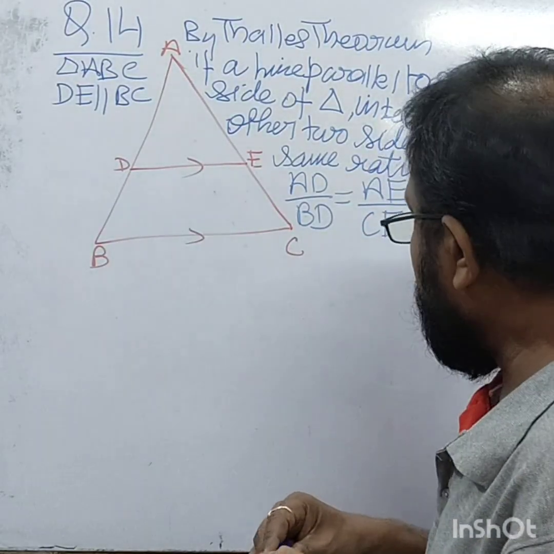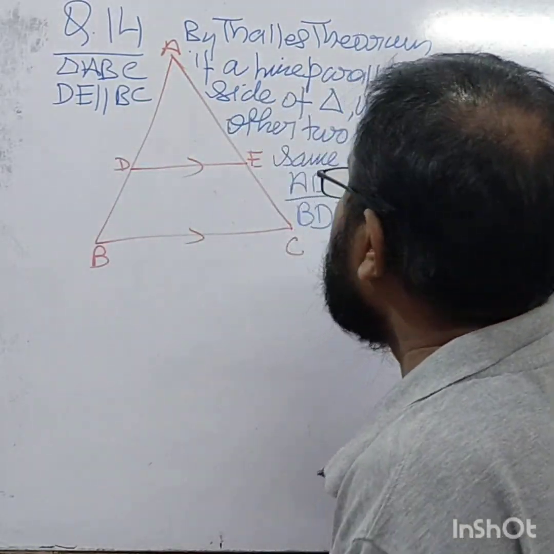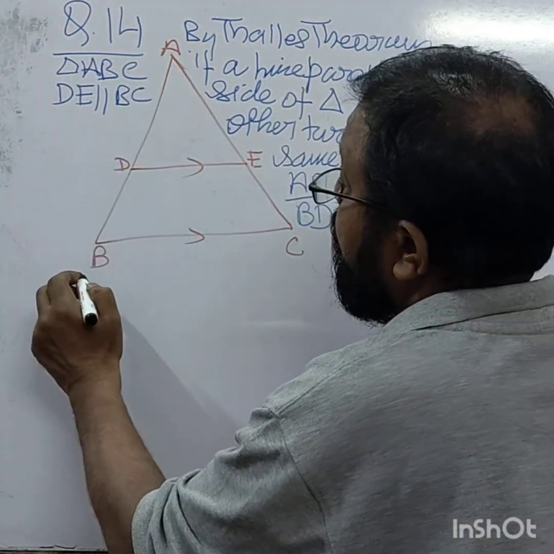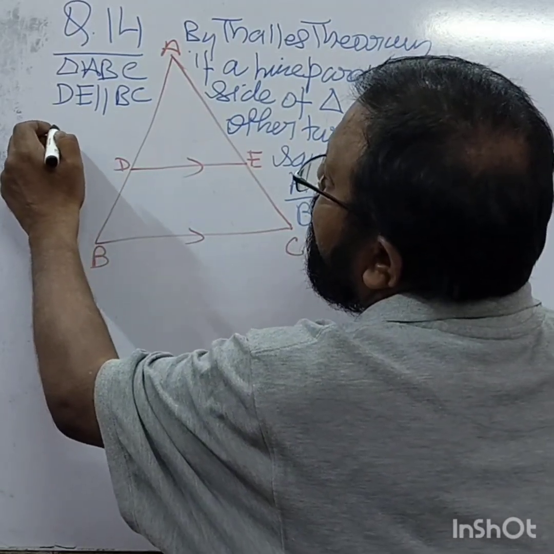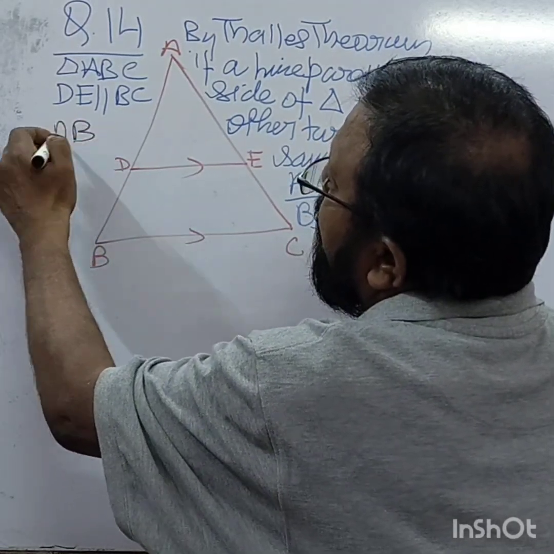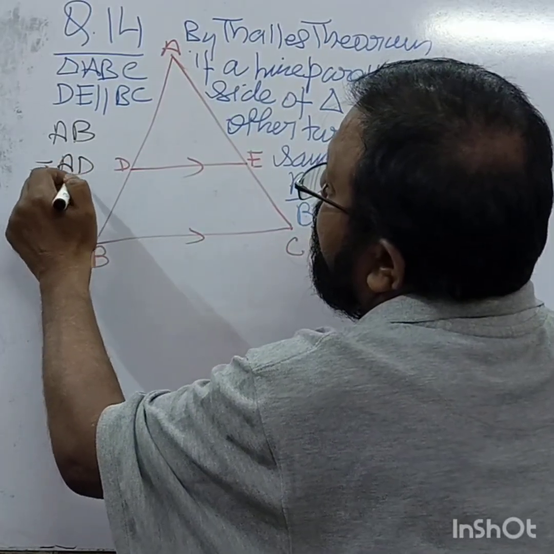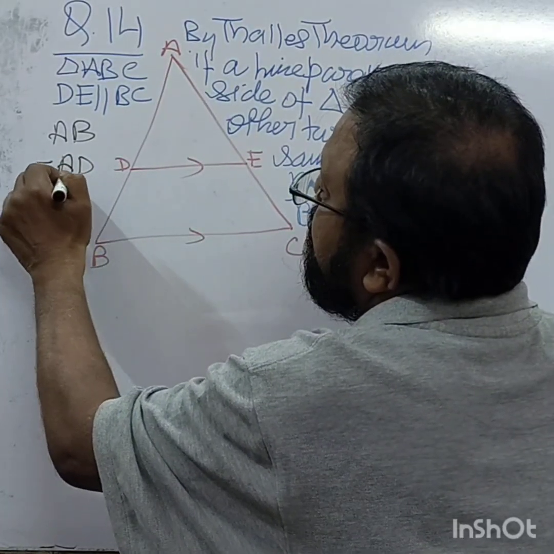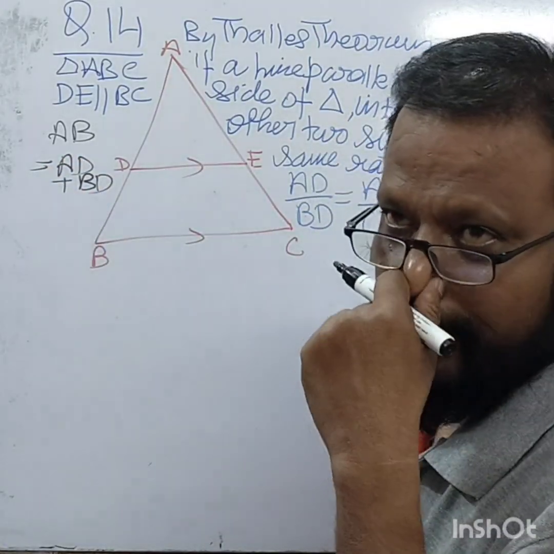Right? What is AB? AB is equal to AD plus BD. Right?